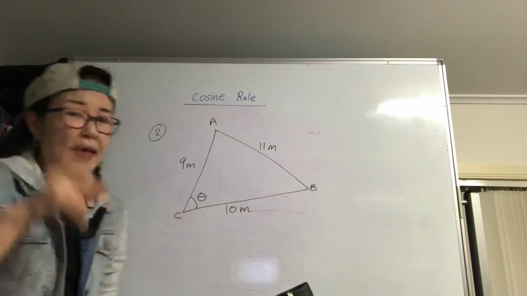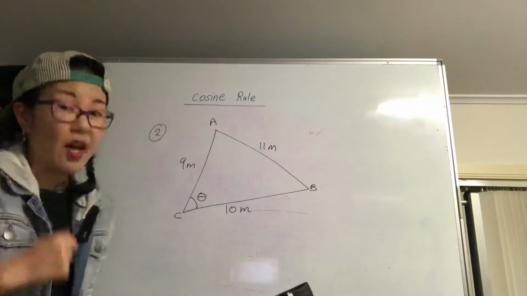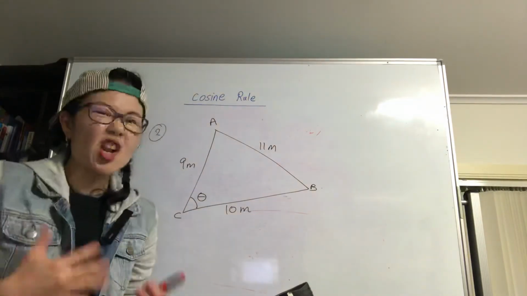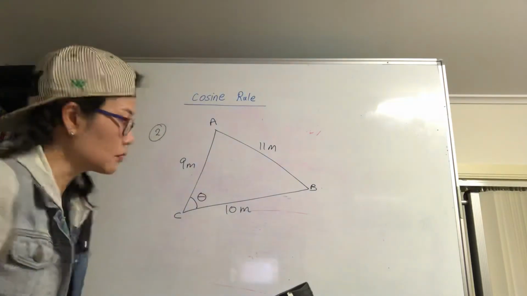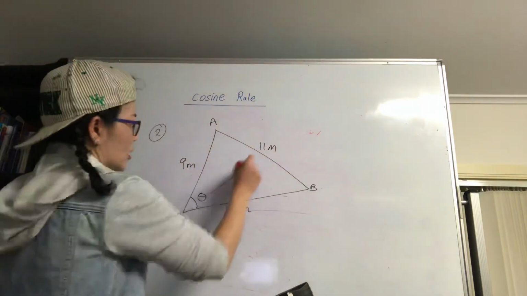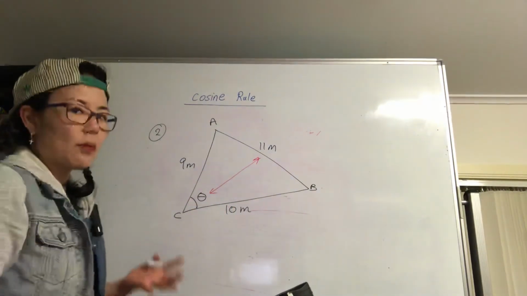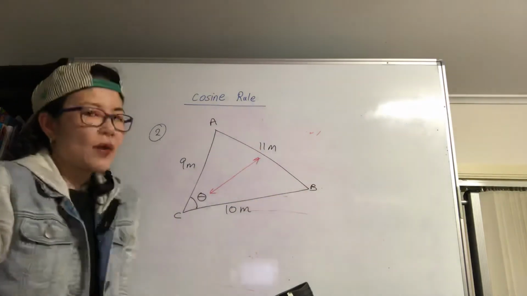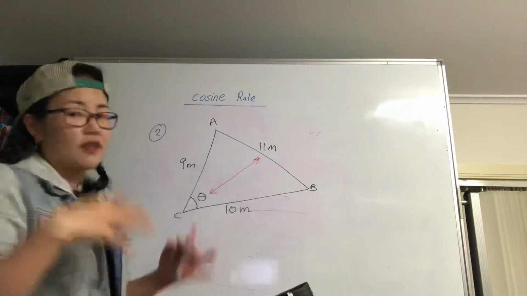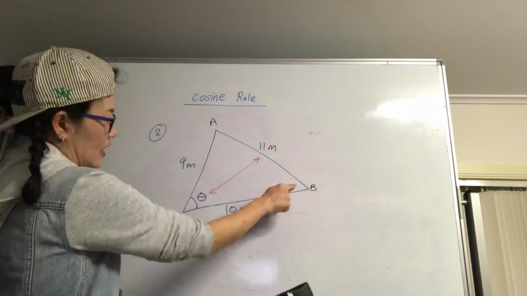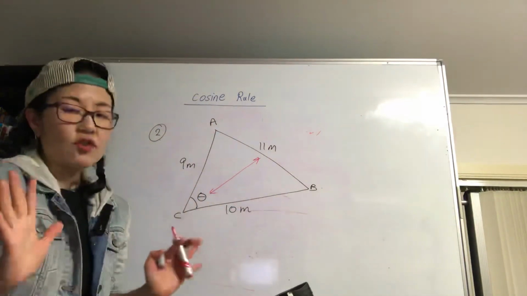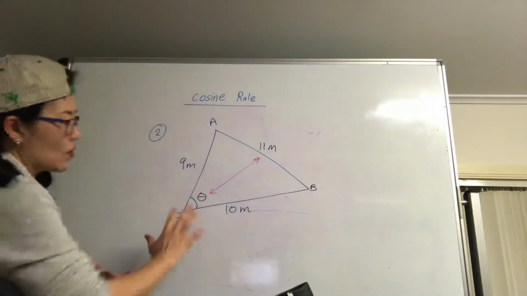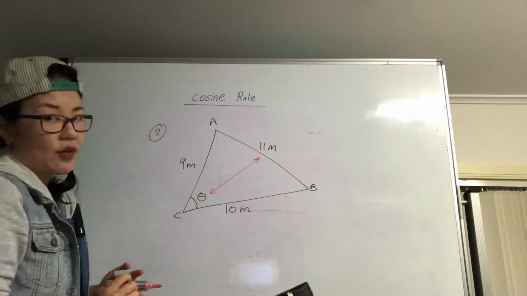Again, it's not a bad idea to check whether I can use the sine rule or not, because the sine rule is a lot easier than the cosine rule. They're opposite, that's not a problem, but I don't have any angles here, and there's no way I can find one. If I had another angle, that's perfect. But I can't have it, so I'm going to have to use the cosine rule here.